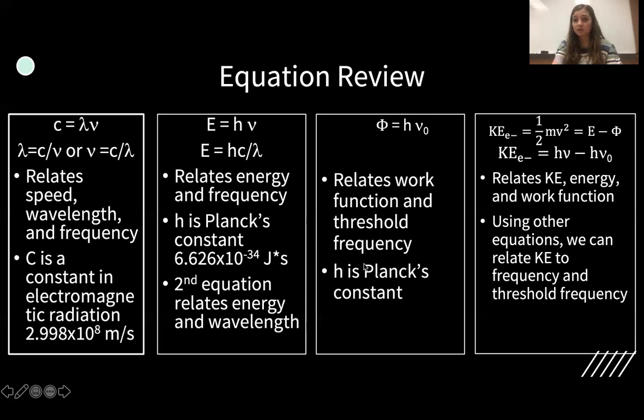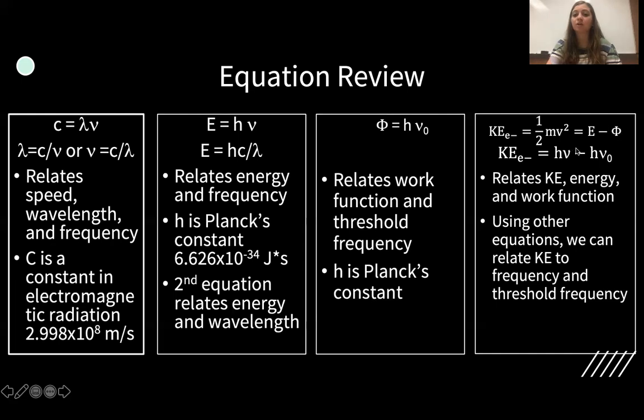The next equations are the kinetic energy of electron equations, and this is for the photoelectric effect. The kinetic energy is always equal to half times mass times velocity squared, and so is the kinetic energy of the electron. And it is equal to the energy minus the work function.